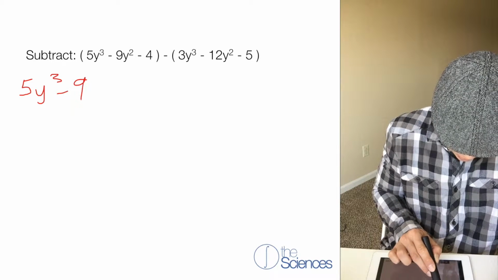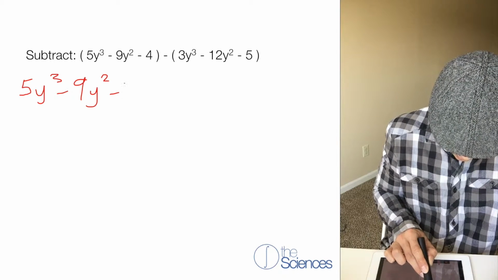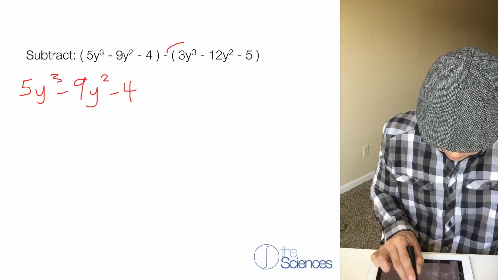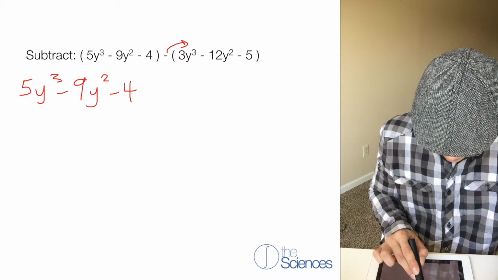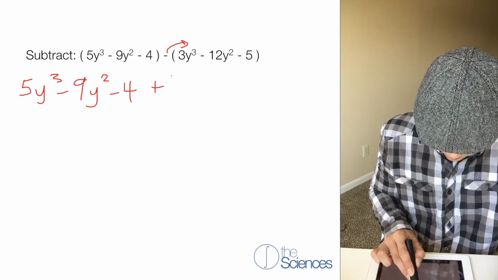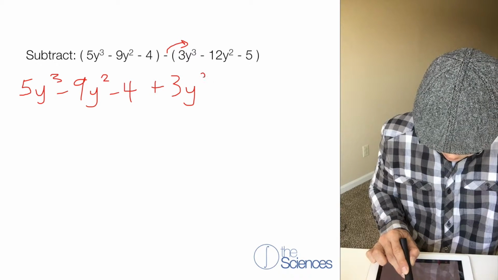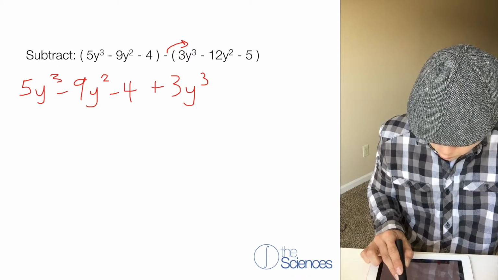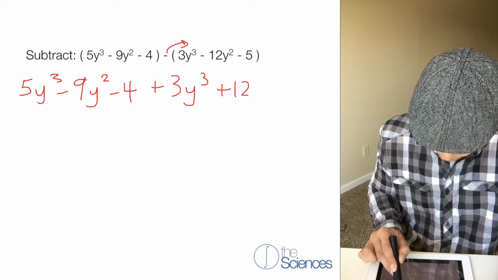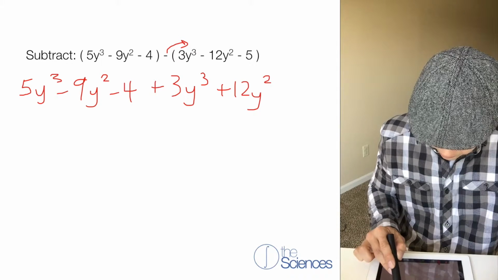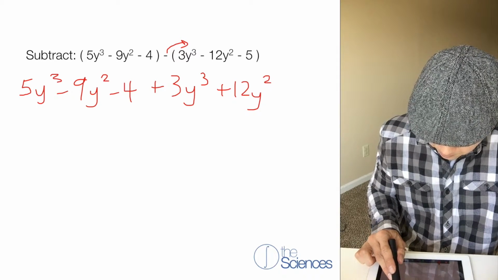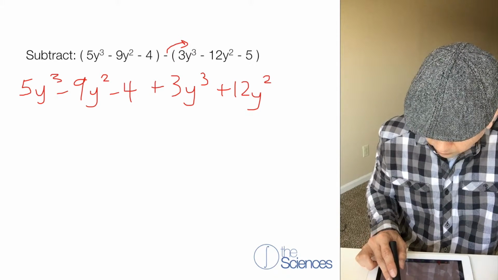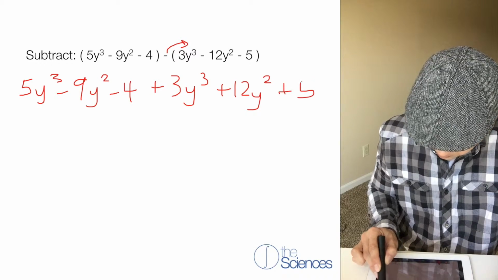So we can just rewrite this, and then here we can distribute the negative sign. So here we have plus 3y cubed, and instead of having negative 12y squared, we now have positive 12y squared. And instead of having negative 5, we now have positive 5.